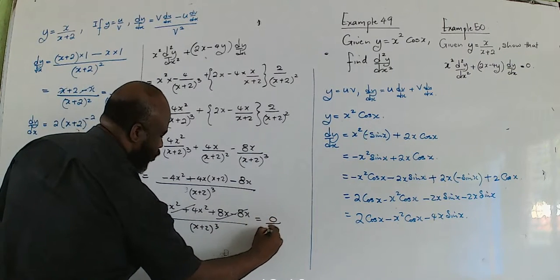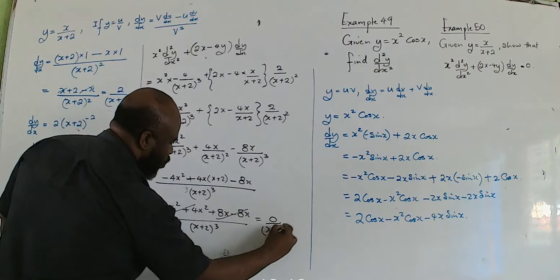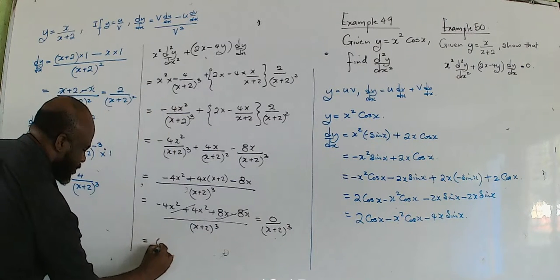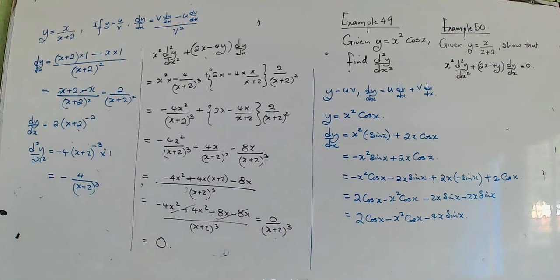So this is 0 over x plus 2 cube, which is simply 0. Alright? So that is example 50. In example 50, we're to show that x squared d2y by dx squared plus 2 into 2x minus 4y times dy by dx is equal to 0, and we just showed that yes, it is equal to 0.